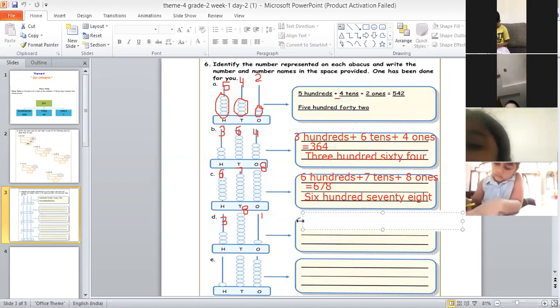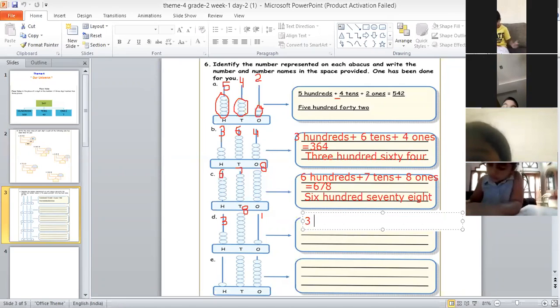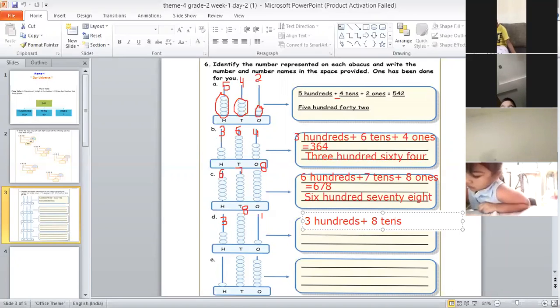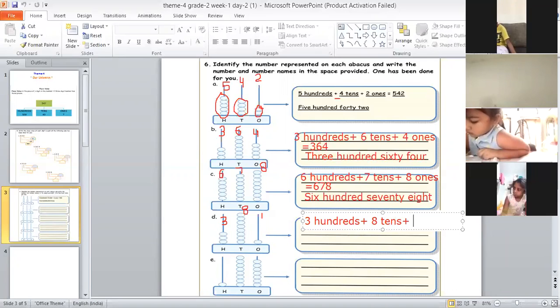Now tell me its expanded notation, Devansh. 3 hundreds plus 8 tens plus 1. Okay, with 1 we'll write only 1.